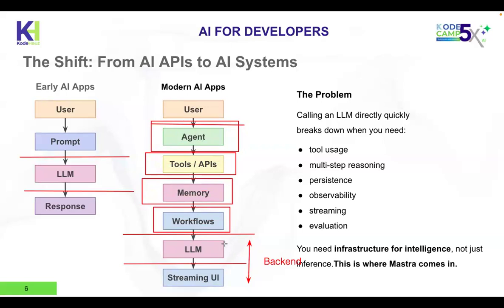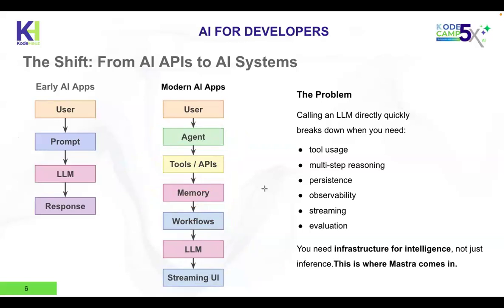Who knows, in the near future, LLMs will even move. We have edge models that can actually run on your device. So we may even get to a point where the entire stack can run on the front end, which is what people are looking at. So what Mastra does is that all of this now exists in Mastra.